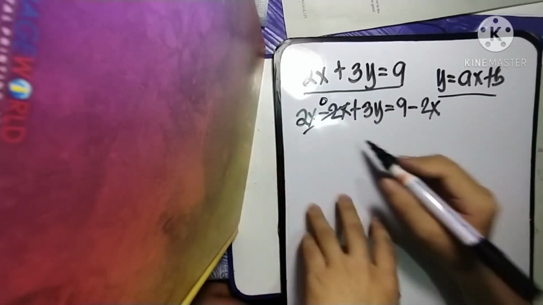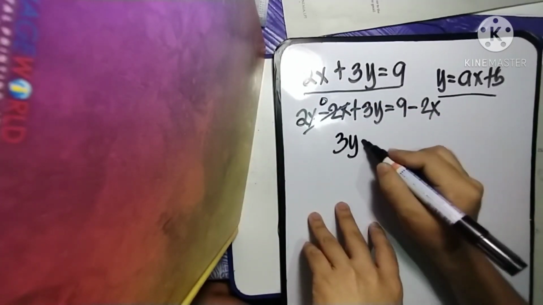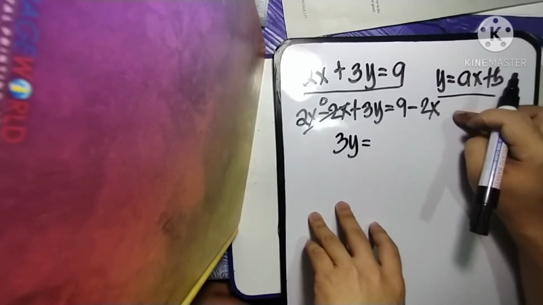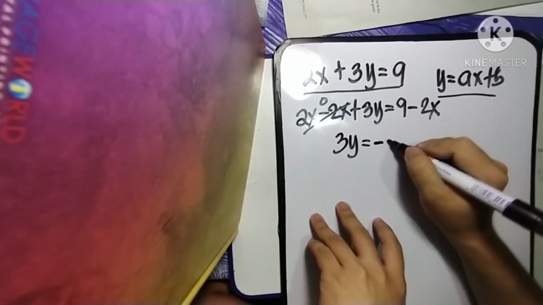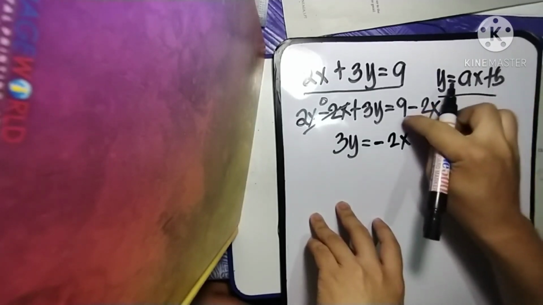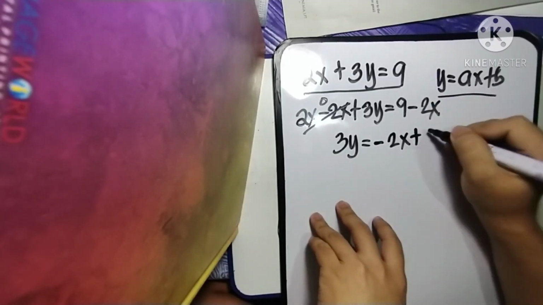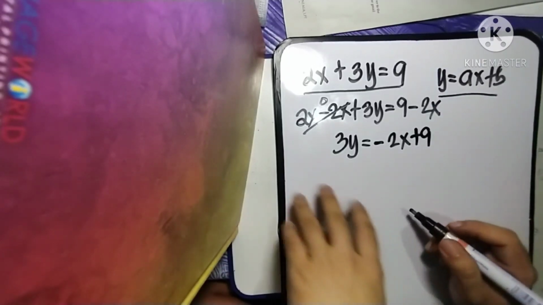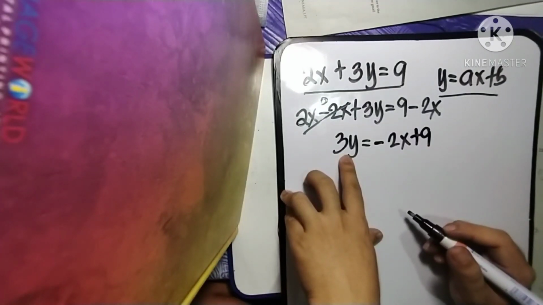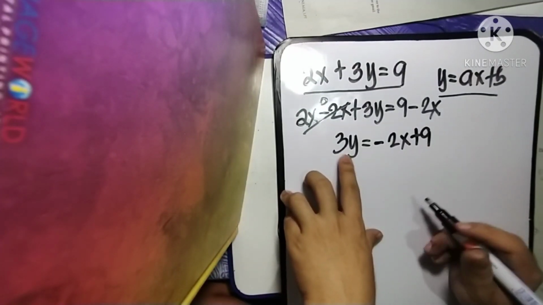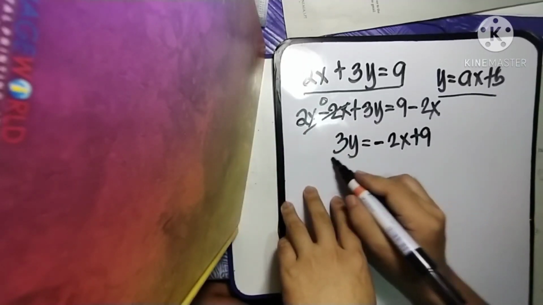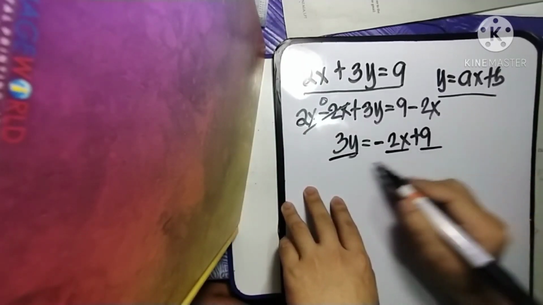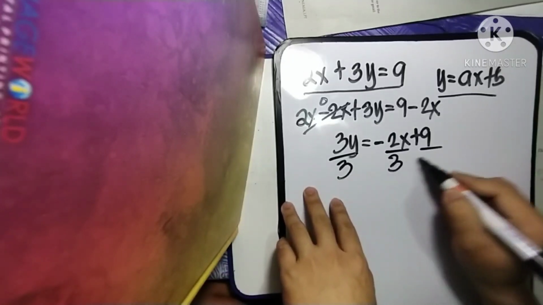Then, what remains is 3y is equal to, then rewrite this into ax plus b. So, the variable comes first, which is negative 2x, plus the value of b which is positive 9. Then, solve for y. Okay, to solve for y, we need to apply a property of equality again, by dividing both sides by positive 3.